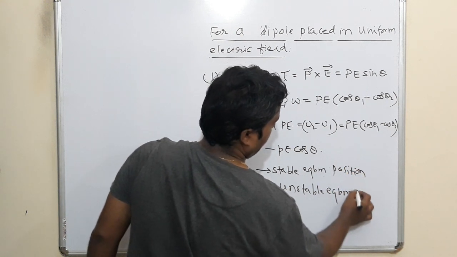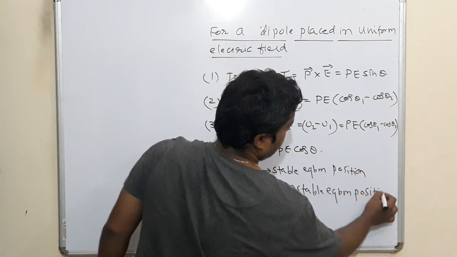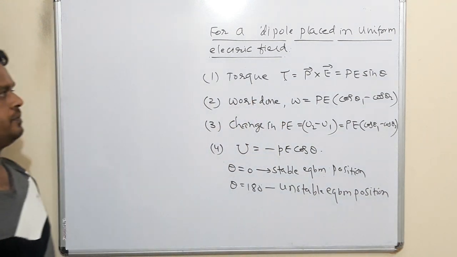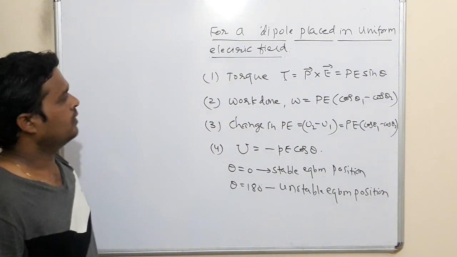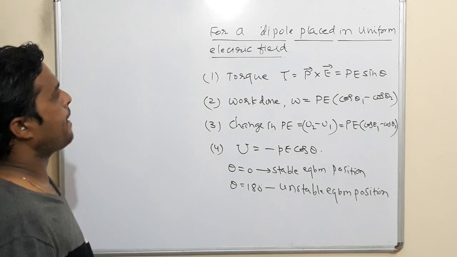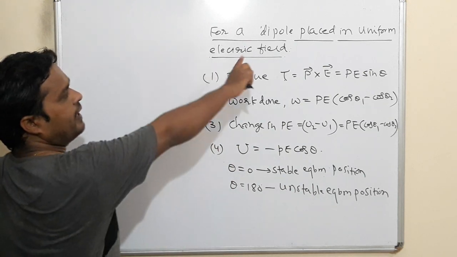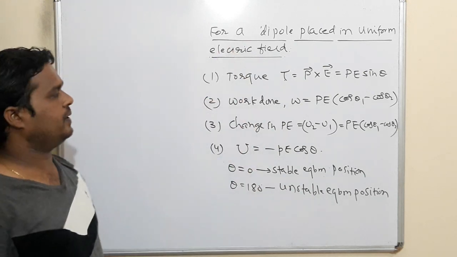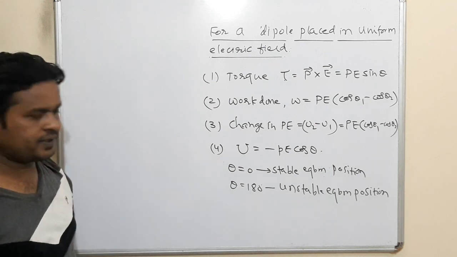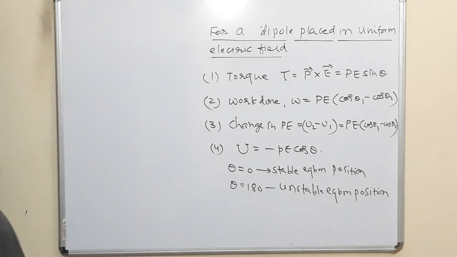This is the stable equilibrium position, and this is the unstable equilibrium position. These are the formulae for a dipole placed in a uniform electric field. Make a note of this. We will solve some examples.